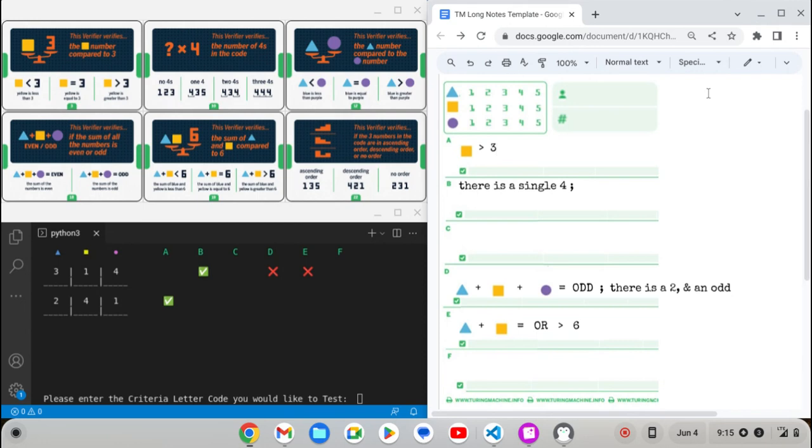And so that means that square cannot be 1, 2, or even 3. Okay, again, it doesn't necessarily mean that it's even, but we're getting closer.